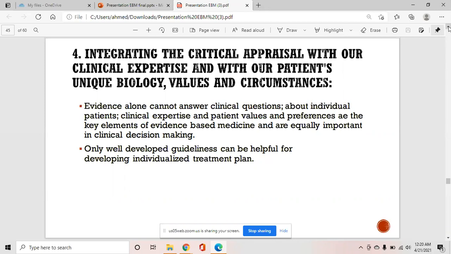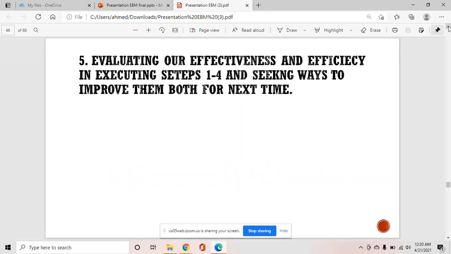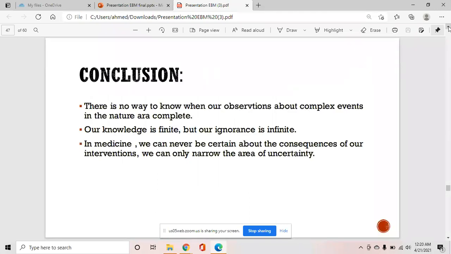Only well-developed guidelines can be helpful for developing an individualized treatment plan. Step 5 is evaluating our effectiveness and efficiency in executing steps 1 to 4 and seeking ways to improve them both for next time. This step is the last step in the evidence-based medicine practice.